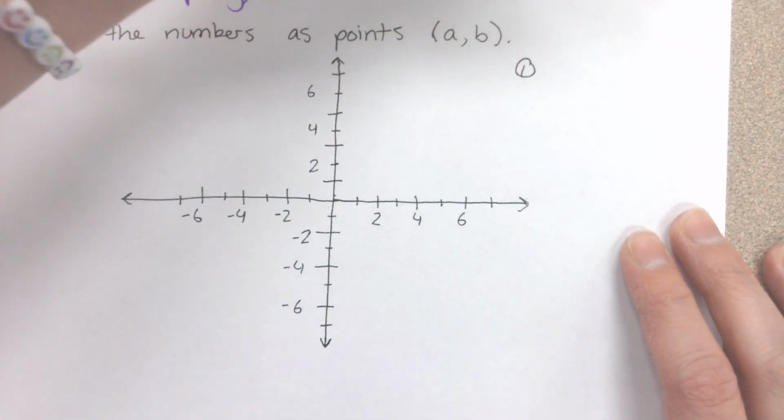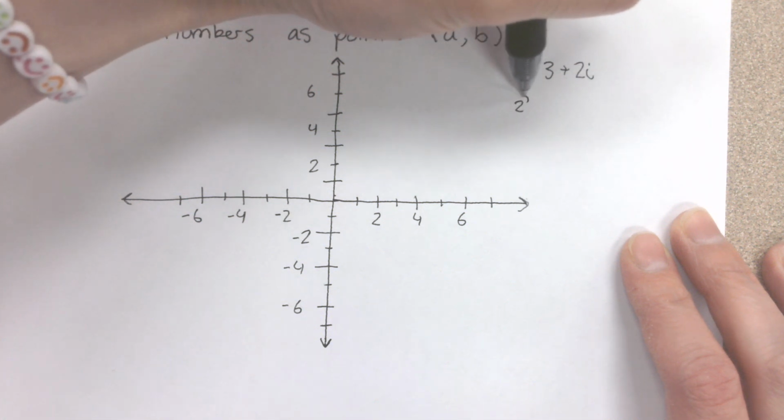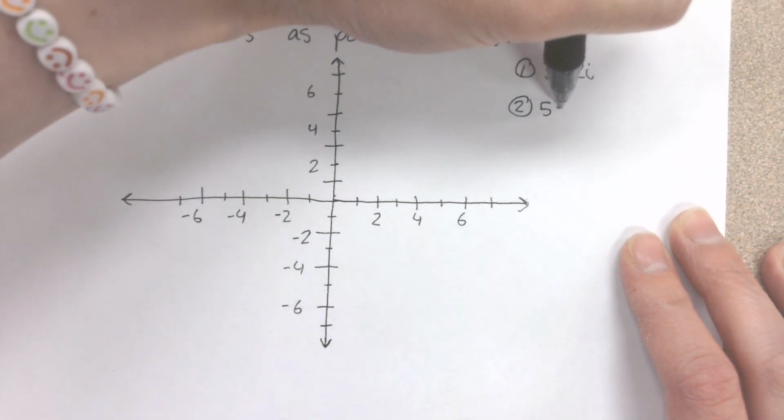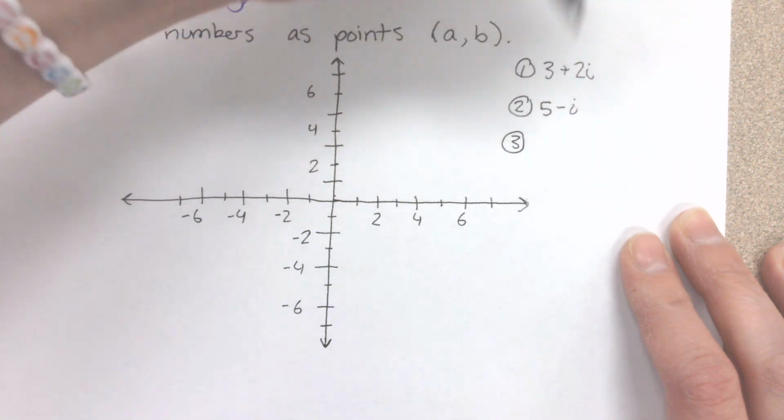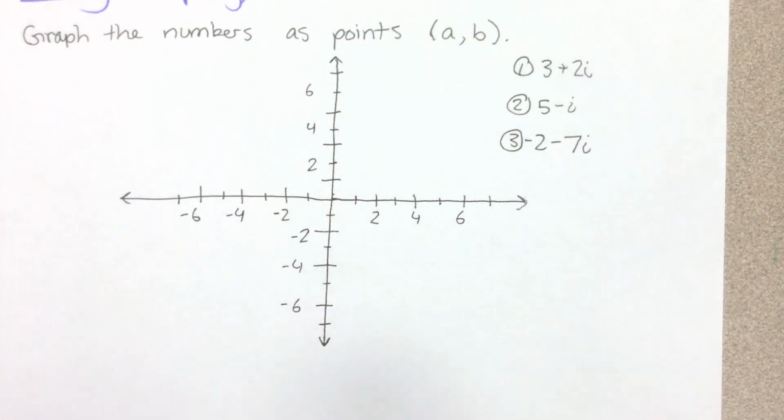And then I'm going to write out my 3 numbers again. 3 plus 2i, 5 minus i, and negative 2 minus 7i. Give you about 30 more seconds as you're still writing any of that down before we start plotting.